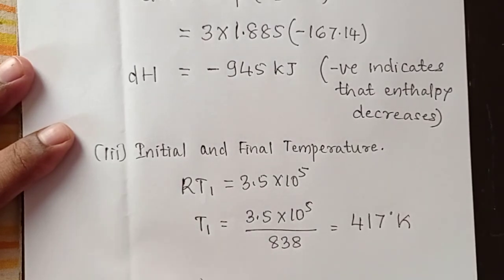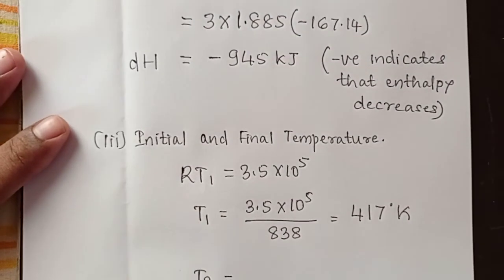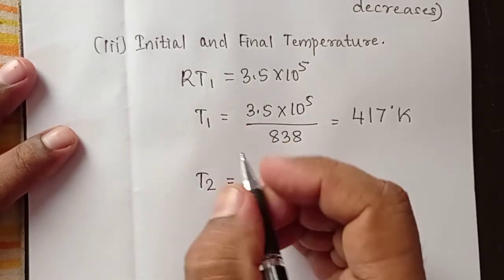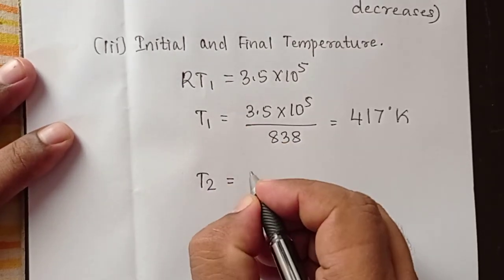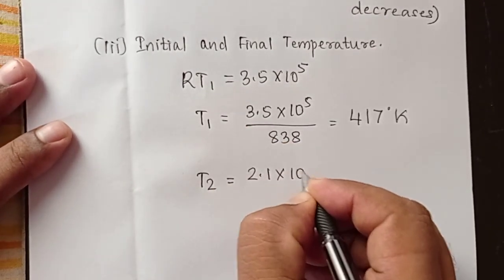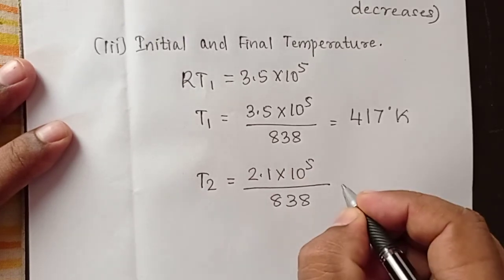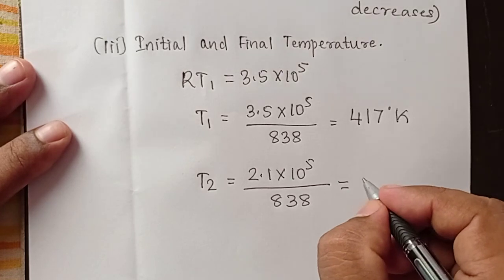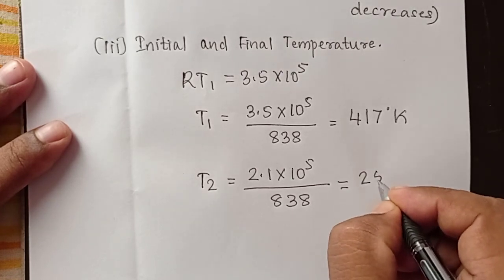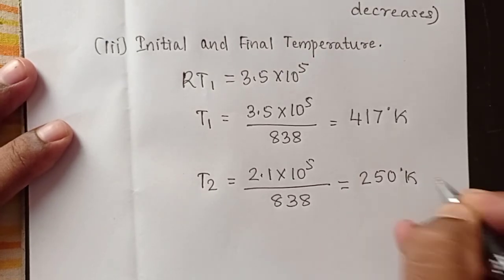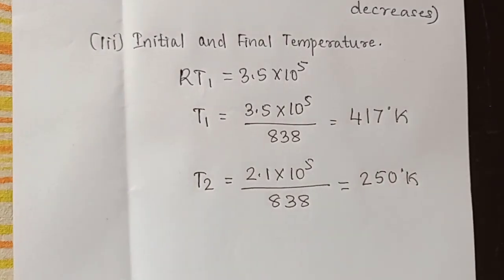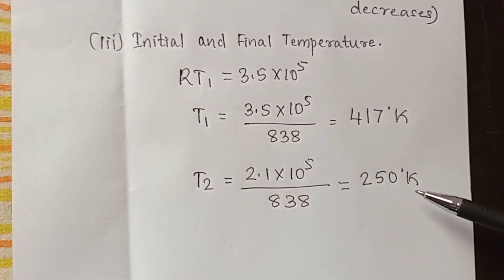Similarly T2: R T2 you have found as 2.1 into 10 to the power 5, divided again by 838. I'll get the answer as around 250 degrees Kelvin. So I got the values of T1 and T2.